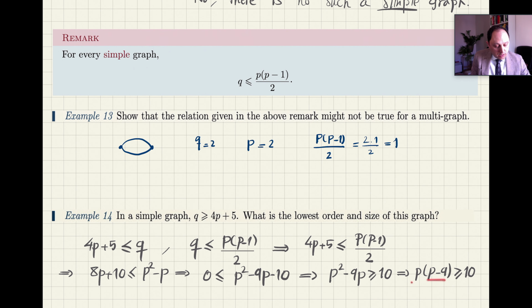Multiplying a negative number by a positive number gives a negative number, and it cannot be greater than or equal to 10. So you see immediately that I can of course choose p higher than this, but because the question is asking about the lowest value, I conclude that the minimum value is 10.